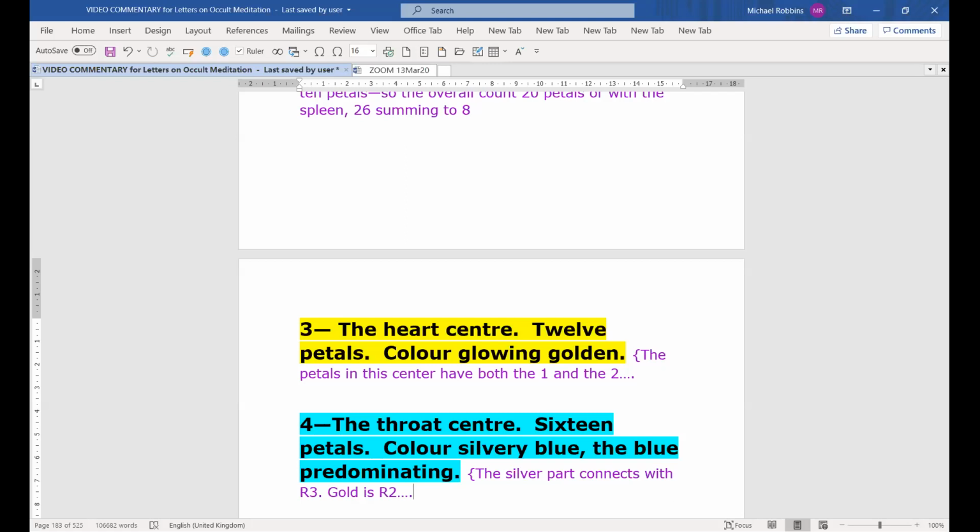I think, for many of us, the throat center is a mixture, rulership by both Saturn and Uranus, both third ray and seventh ray.